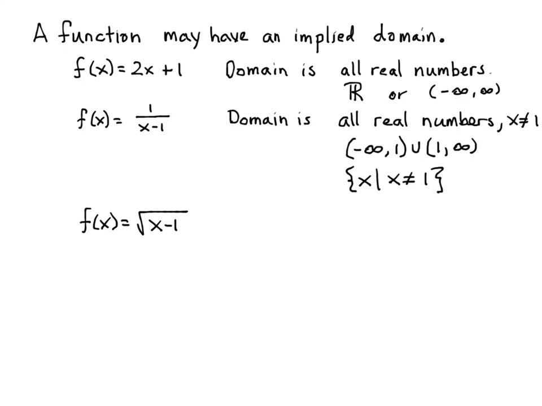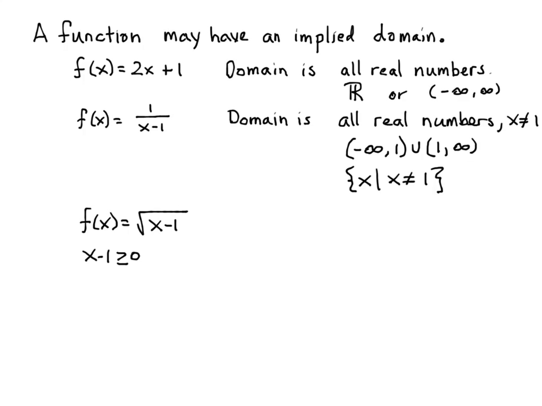And so what we're implying here is that all other real numbers work. All right? So we're not dealing with complex or imaginary numbers in this course at all, so we're just going to consider real numbers. If I put an exclusion in here where x cannot equal 1, I'm going to assume everything else works. Okay, so here's a function now.